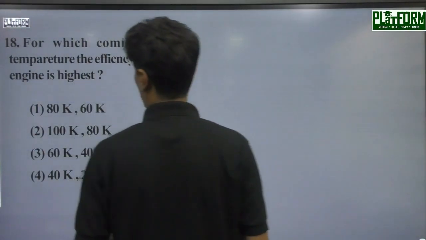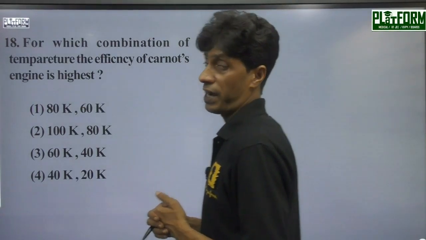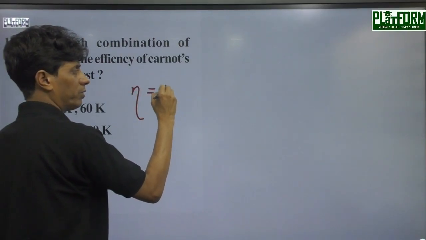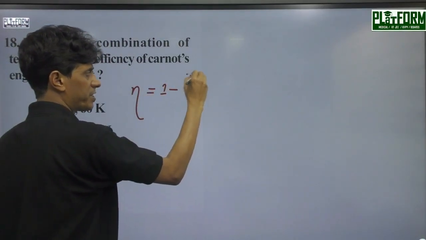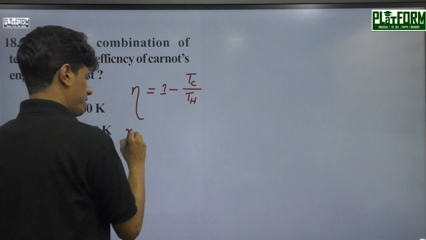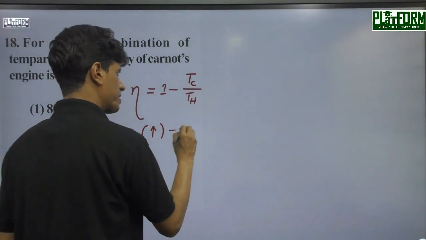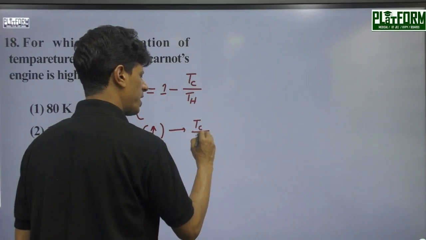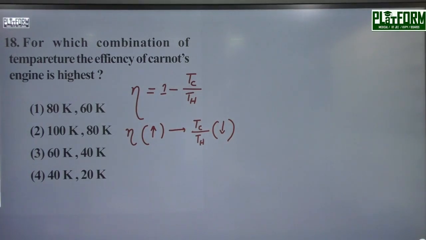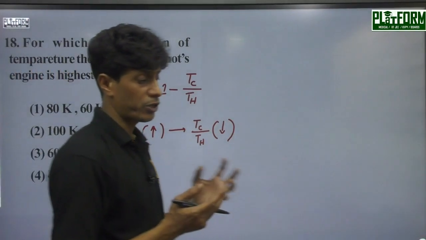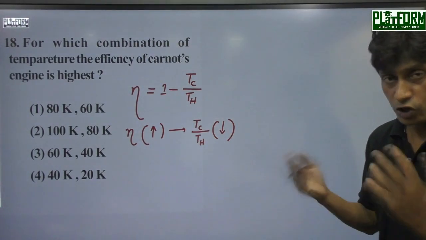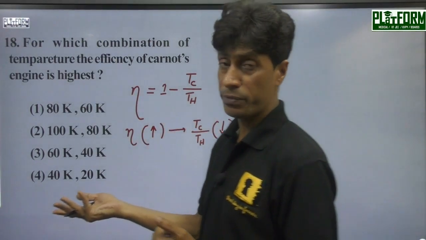for which combination of temperature the efficiency of Carnot engine is highest. We know efficiency, already we discussed in previous questions, it is 1 minus Tc by Th. This eta increases when the ratio Tc by Th decreases. So it is very important what is the ratio of the temperature of the cold reservoir by hot reservoir, that is sink temperature by source temperature.